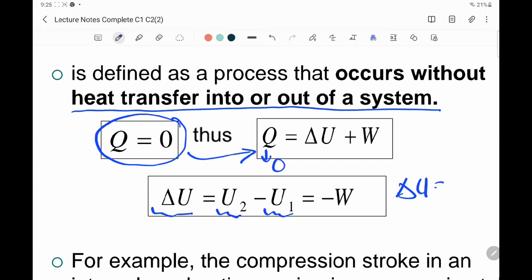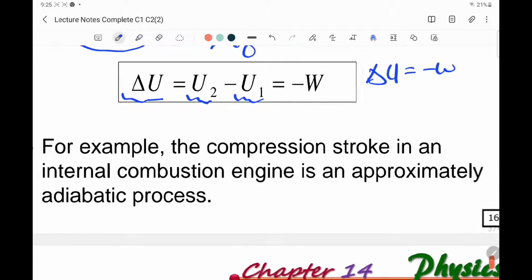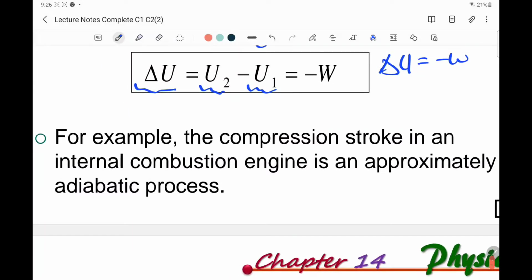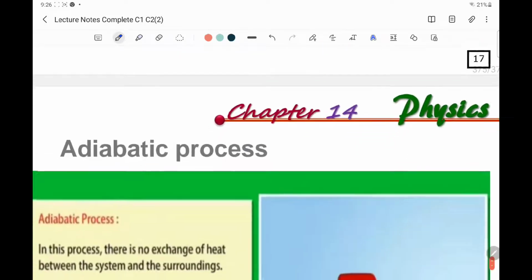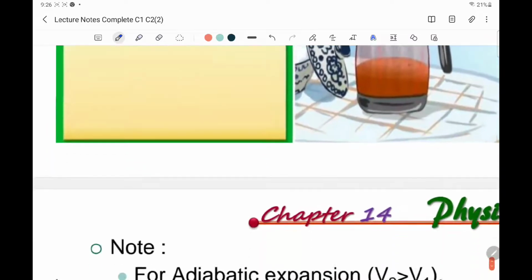For example, the compression stroke in an internal combustion engine is an approximately adiabatic process. In this process, there is no exchange of heat between the system and the surroundings, so delta Q is equal to 0.